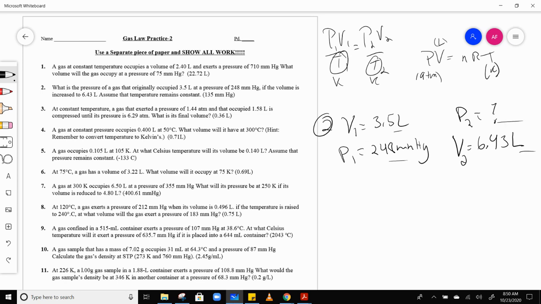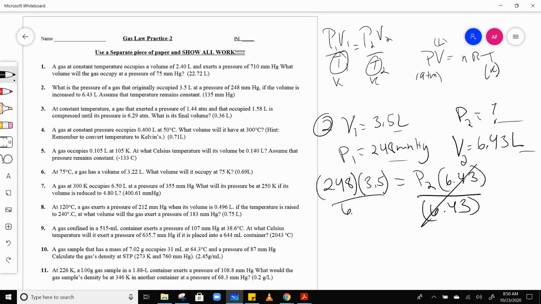Our units are the same, so our pressure is going to be in millimeters of mercury. P1 is 248, V1 is 3.5, P2 we don't know, and V2 is 6.43. We're solving for P2, so divide by 6.43.